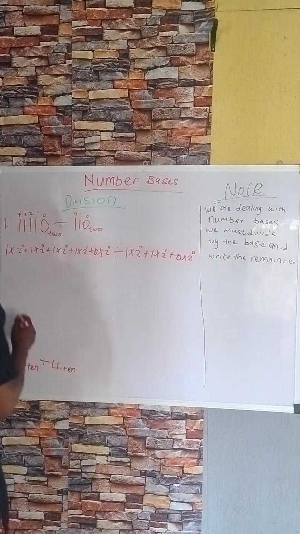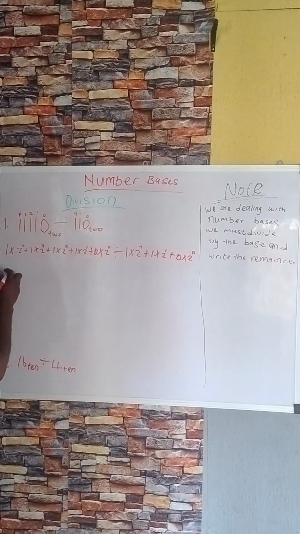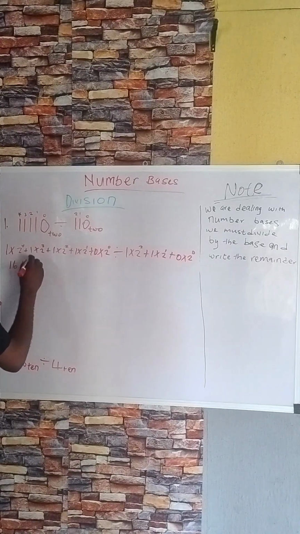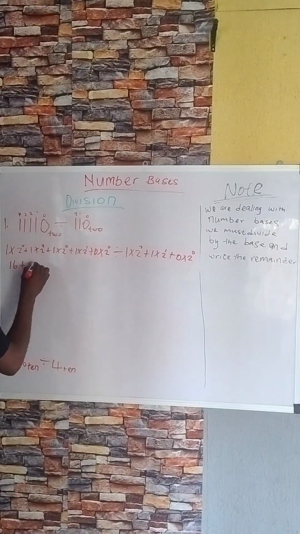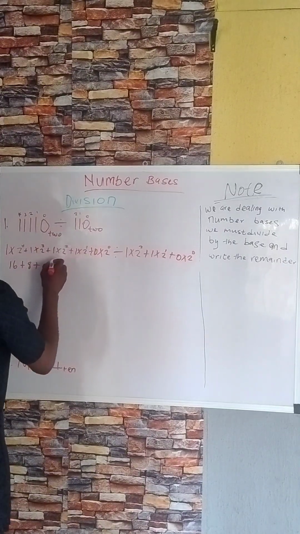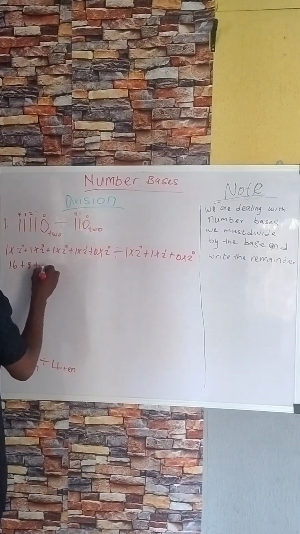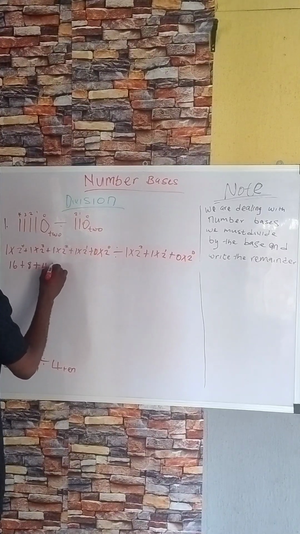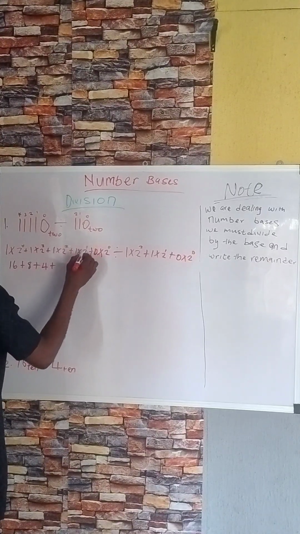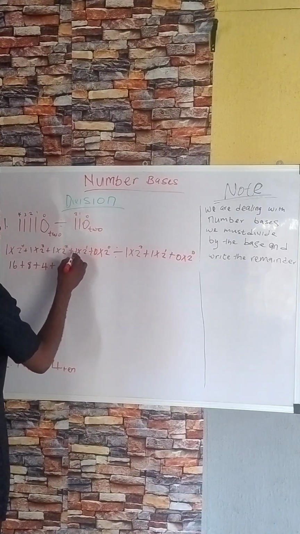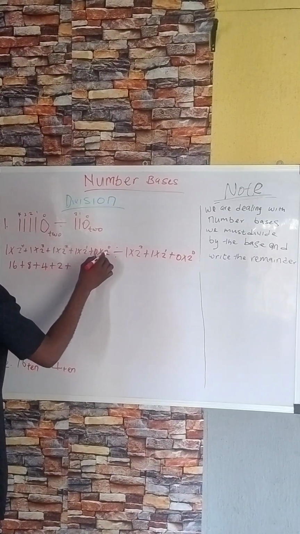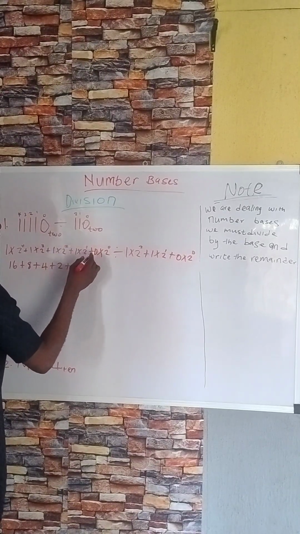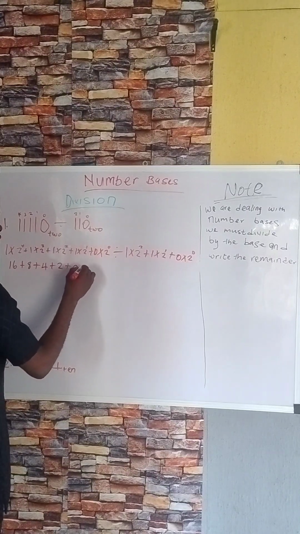Okay, so now 2 raised to the power 4 is 16. 1 times 16 is 16, plus 2 raised to the power 3 is 8, times 1 is 8, plus 2 raised to the power 2 is 4, times 1 is still 4, plus 2 raised to the power 1 is 2, times 1 is still 2, plus 2 raised to the power 0 is 1, times 0 is 0.